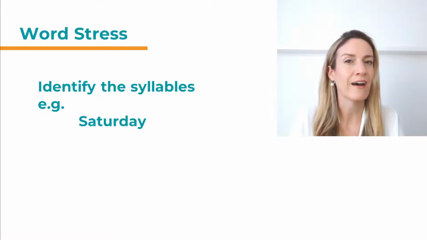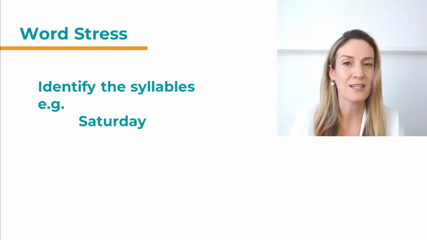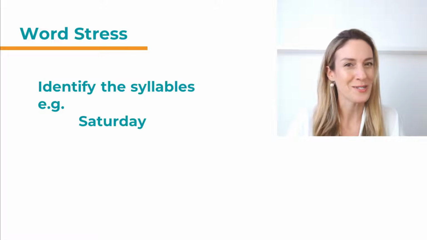Whenever we say a vowel sound, our mouth opens a little bit more. So one way of finding the syllables is putting your hand under your chin and saying Saturday, and then count how many touches you have. You can see me do this in my video on syllables. So I'm not going to go into detail. Watch that video if you haven't already.